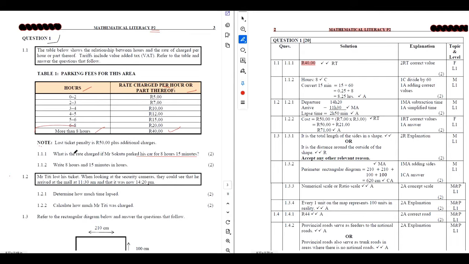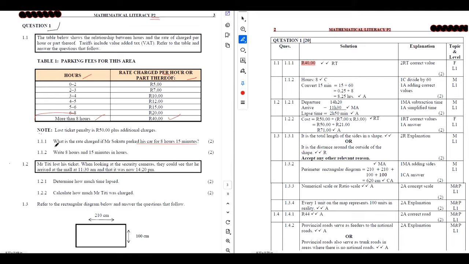And then 1.1.2, we can see that we are told to write 8 hours and 15 minutes. So guys, if we check this question, you can see that the 8 hours is already given in hours, but the 15 minutes is given in minutes. So this basically means that you need to convert your 15 minutes into hours. And if you check your memo, you can see that to convert 15 minutes into hours, they divide by 60.